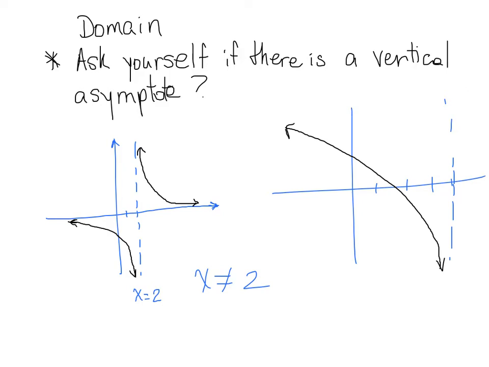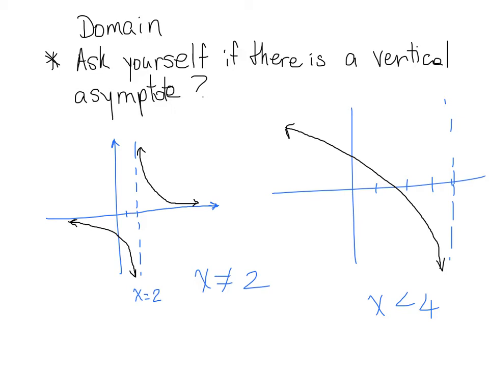It will be everything less than 4, so our domain is x is less than 4. Could it be less than or equal to 4? No, it could not. Because it will never touch the asymptote, it can never actually be equal to 4.